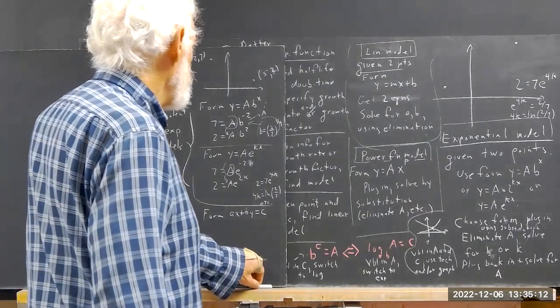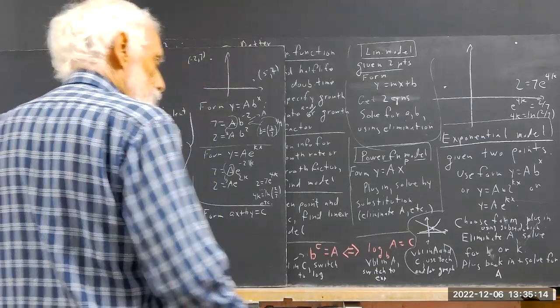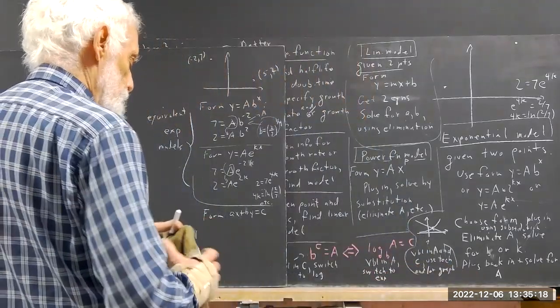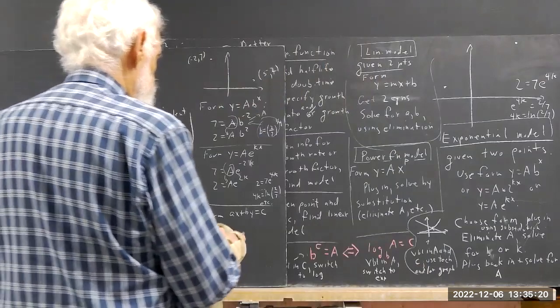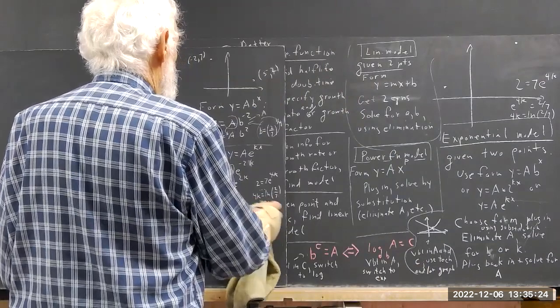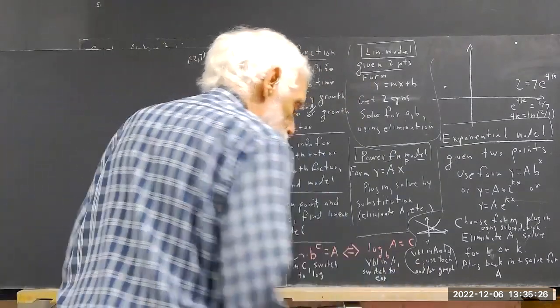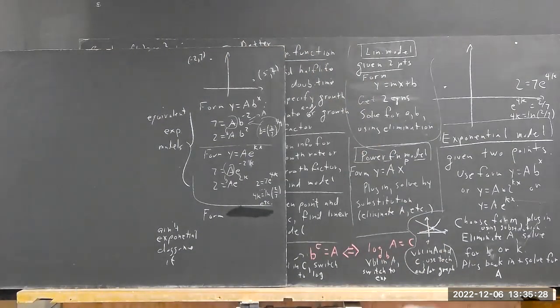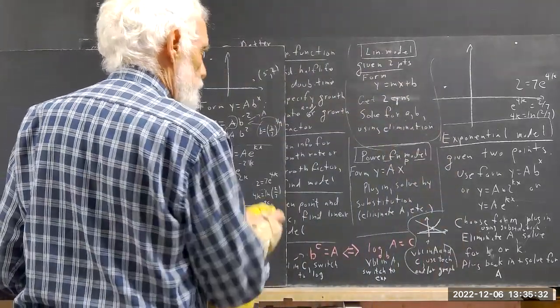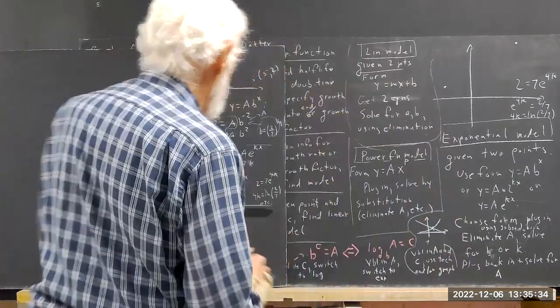Okay, well, we're going to change the form as I did. You can deal with the other form, but again, there's a complication that you really don't need, since you can do it easily with this form.